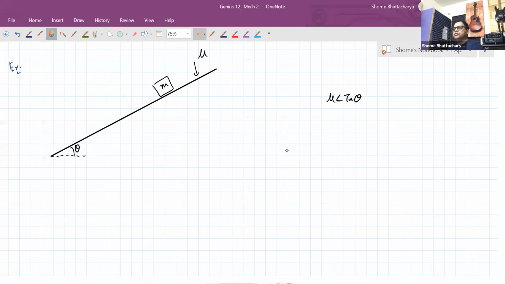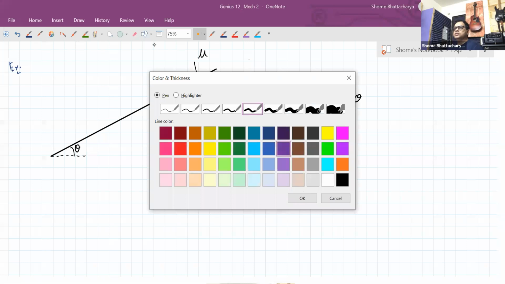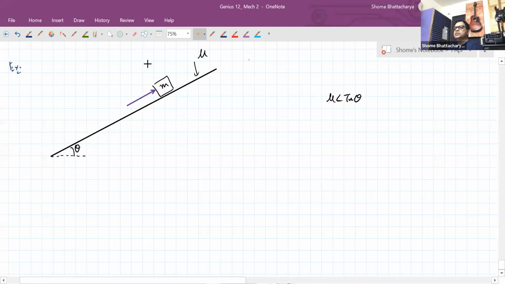Now we have to just find the range of force that we can apply so that the block remains stationary. So this you should be able to answer pretty fast now. You find the range of F such that the block M remains stationary in equilibrium.